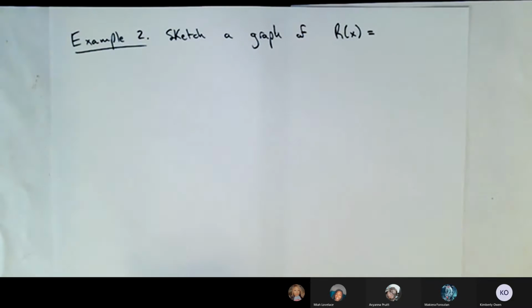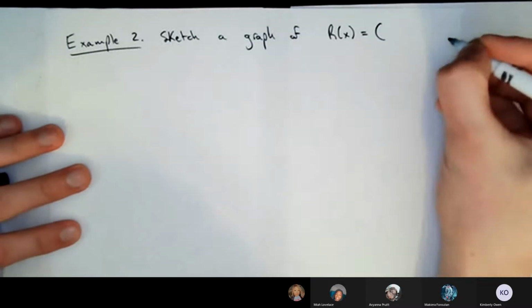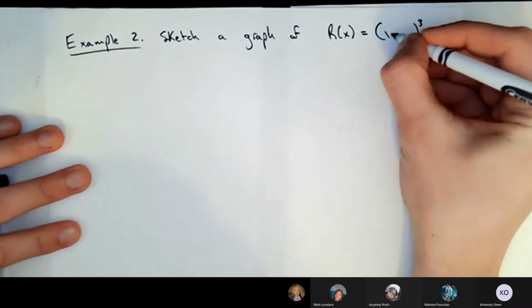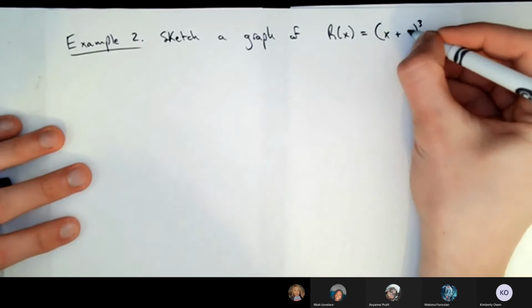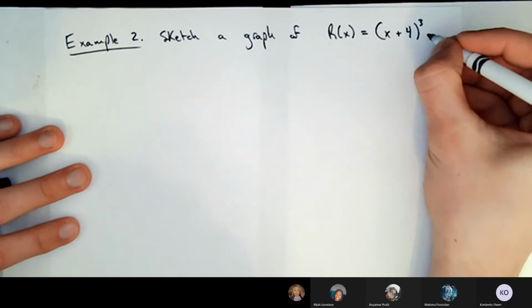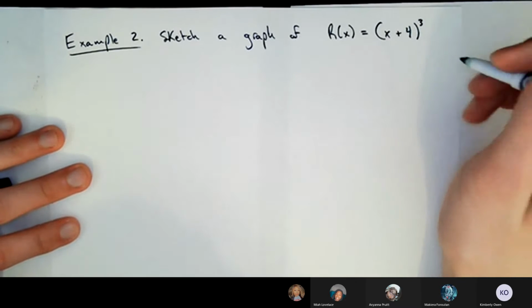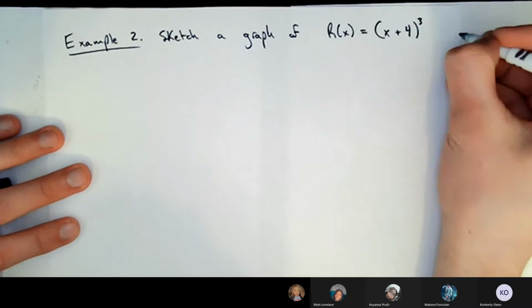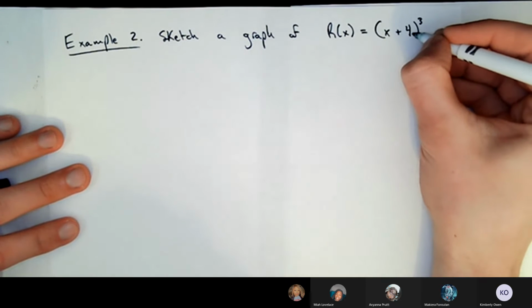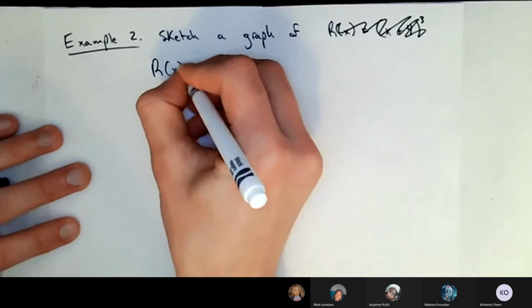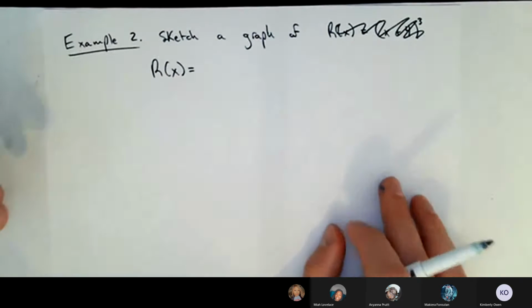All that to say, I am going to give you another little factored one here. Let's look at x plus 4 all cubed. Oh, you know what? No. Because I want to be able to see the x-intercept, and that's going to make that crazy looking. Sorry, let me do a different function. I want to be able to see the y-intercept this time.